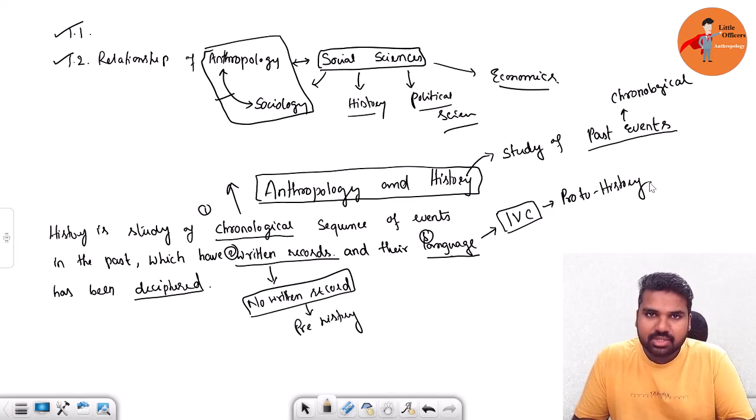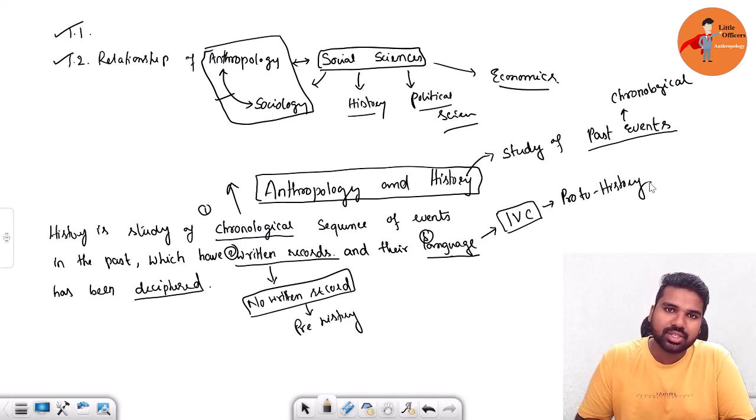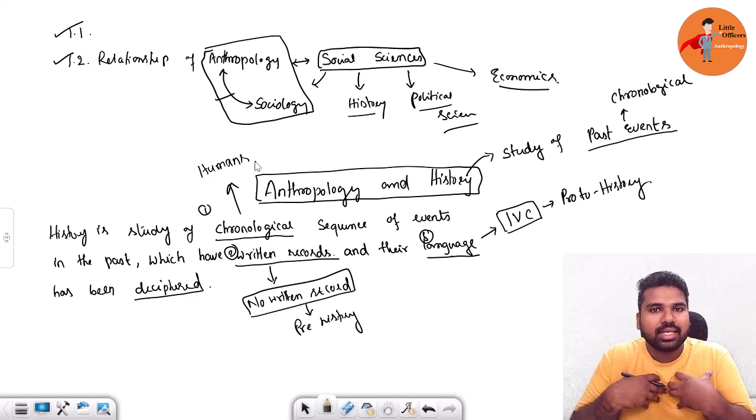Now, the Indus Valley civilization script is not deciphered. If we decipher it, we may get extra insights about that civilization. So this is the simple introduction to history. Now, anthropology. When we talk about these chronological events, of course, they are related with humans. This is the past left by the humans.